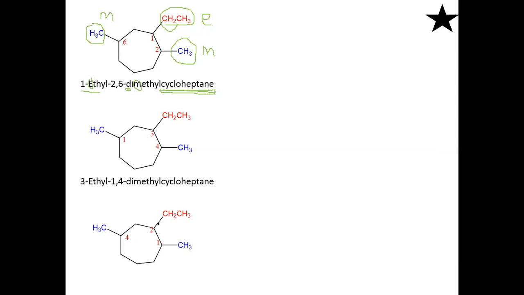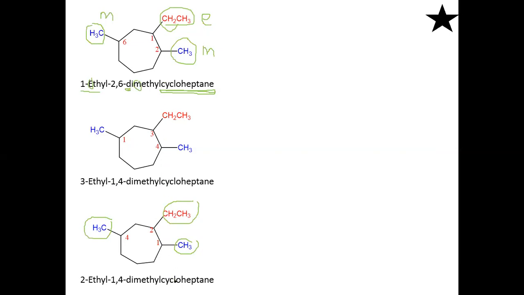Okay. Cuba tukar lagi. Ni akan jadi nombor 1. Ini akan jadi nombor 2. Ini jadi nombor 4. So it will become 2 ethyl 1,4-dimethyl cycloheptane.